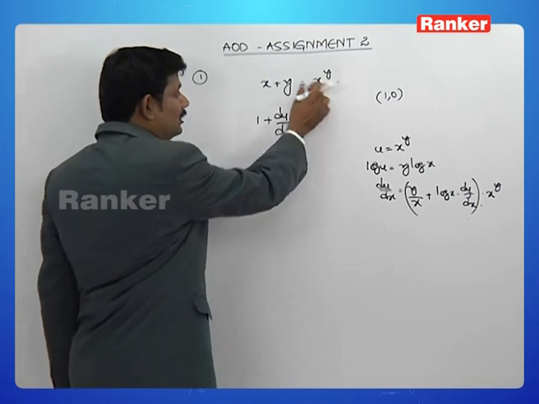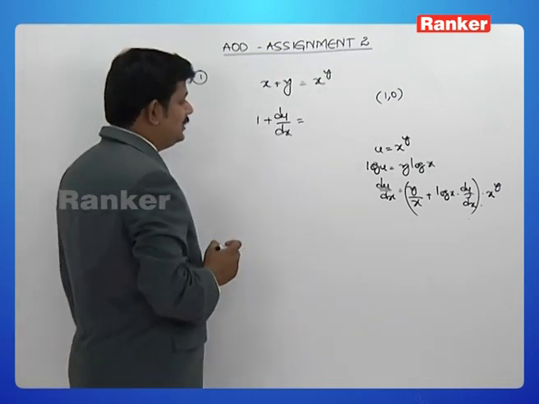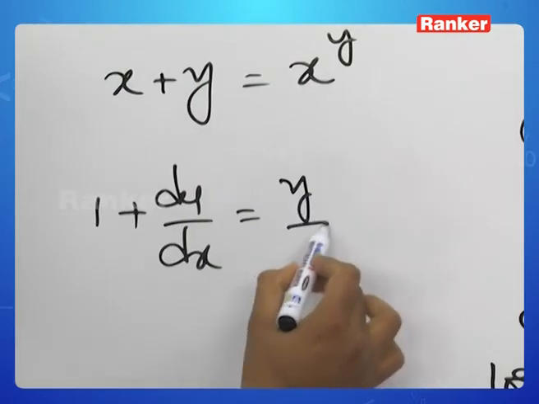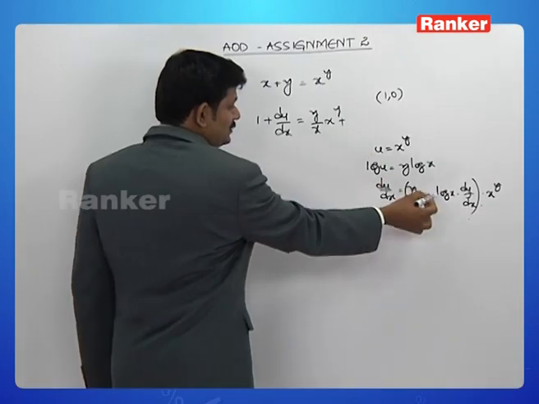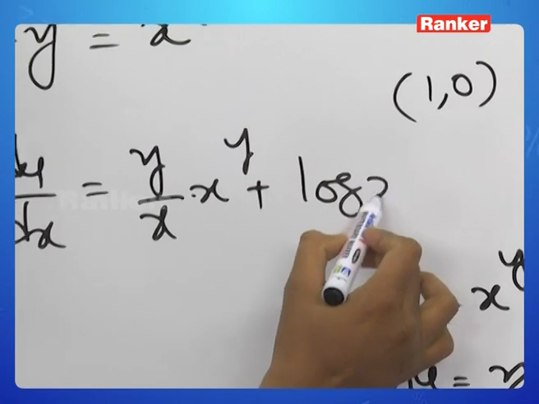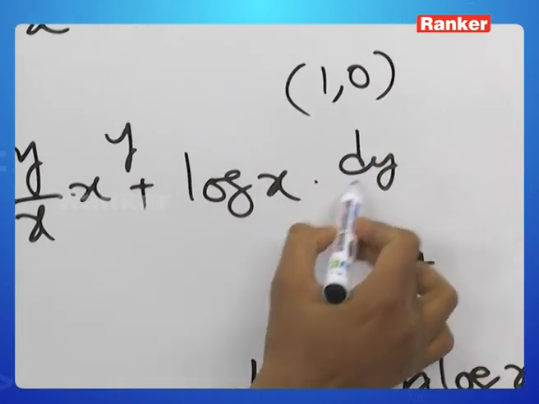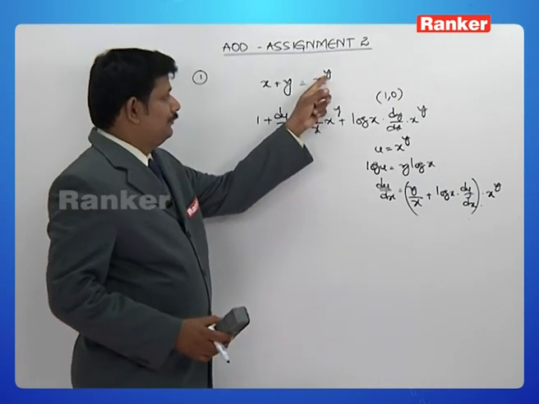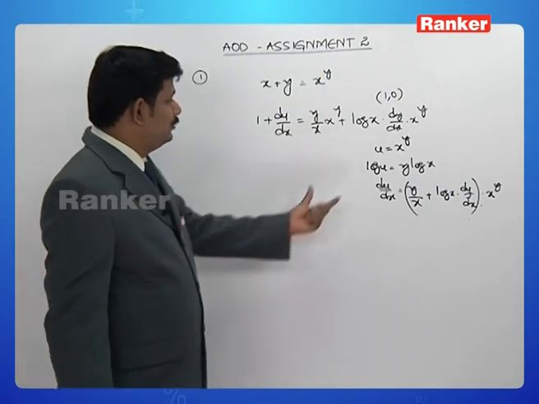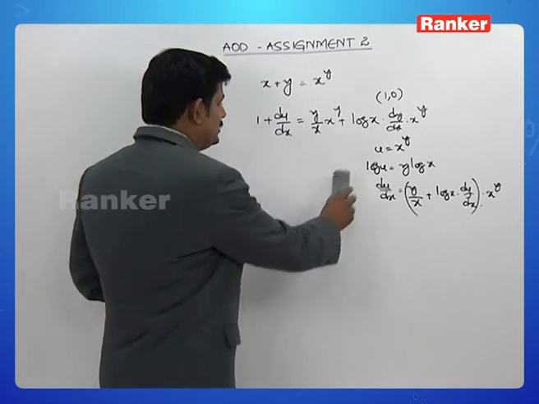So when I call this u, du by dx I can replace by y by x into x power y plus log x into dy by dx into x power y. So to differentiate x power y, we have used logarithmic differentiation.